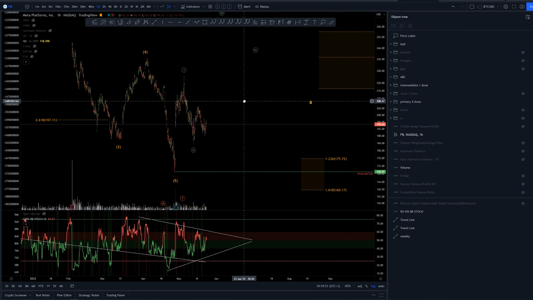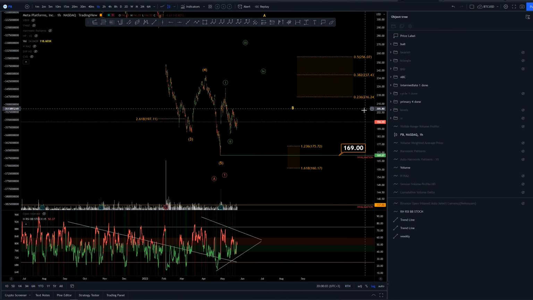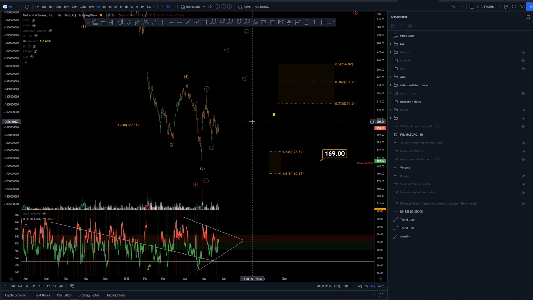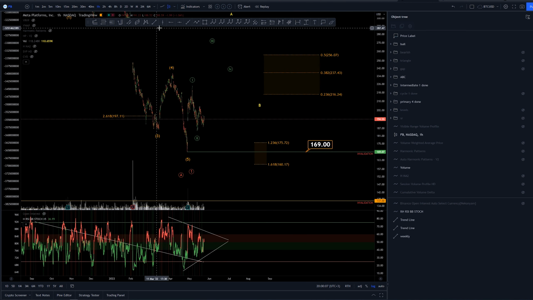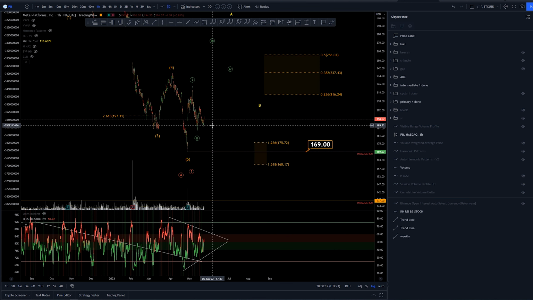So I wouldn't be playing Meta Platforms at all until we break the invalidation levels for certain counts. But that's pretty much it. Play safe, and if you want to play one side, of course, have the stop losses below the invalidation levels.